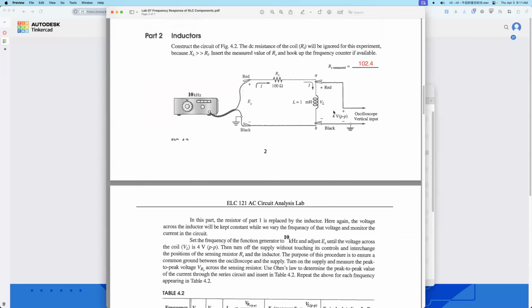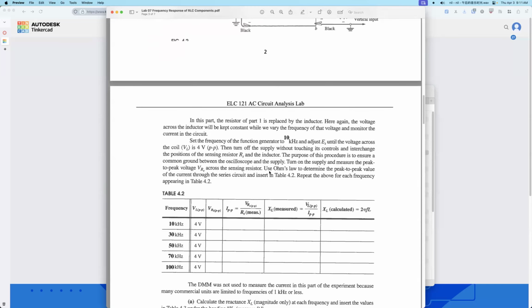In a real lab, we will use a DMM, digital multimeter, to measure the voltage across RS. That's the VRS, and we know VRS is the RMS value, root mean square. Then we need to do the calculation, convert the RMS value to peak value, then peak to peak value, then use Ohm's law to get the current at the different frequencies.